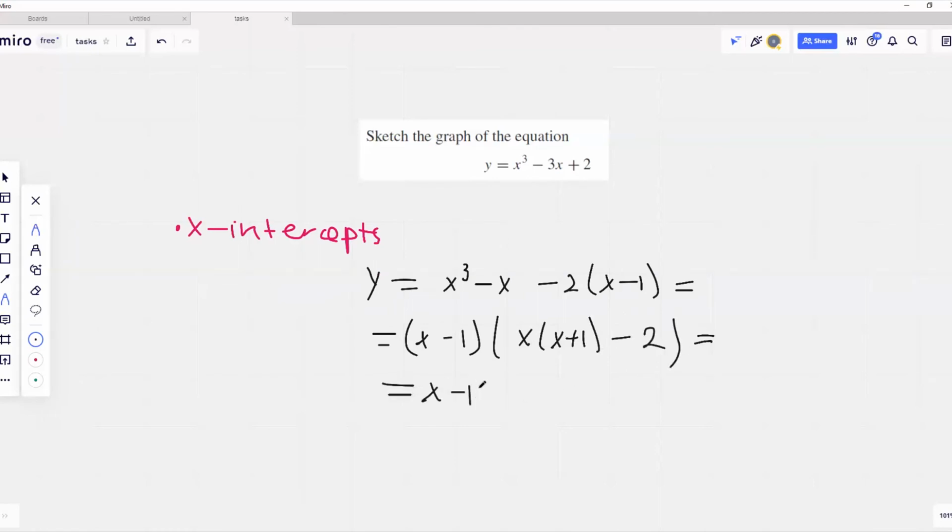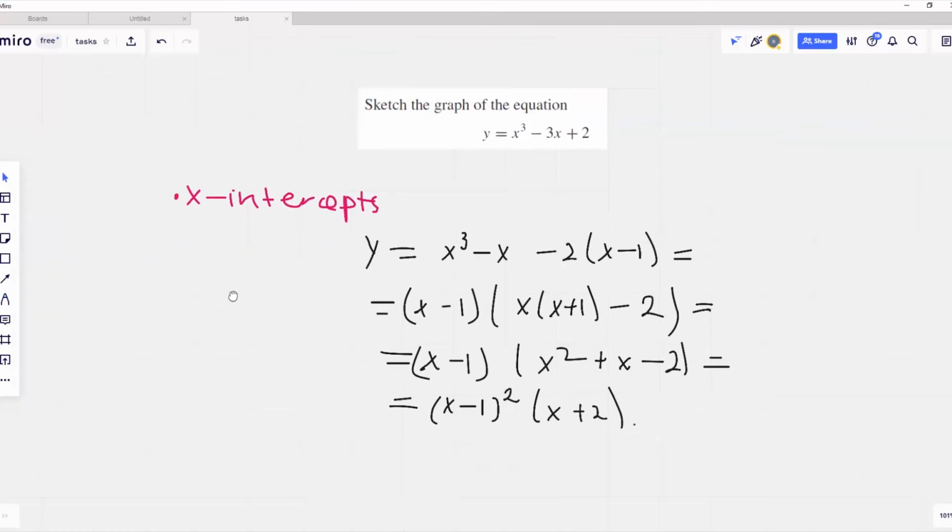So this is x minus 1, x squared plus x minus 2. Roots of this are minus 2 and 1. So our root x is equal to 1 has multiplicity of 2. And another root is x is equal to minus 2.